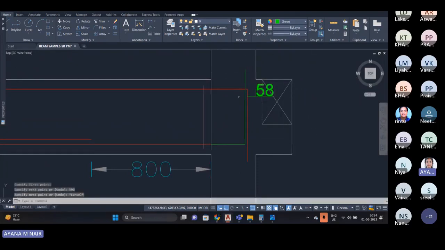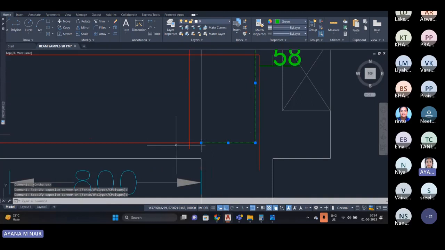Also, you have to note that while drafting a line, this should always be in ortho mode. Otherwise, this will not connect properly. Now join all these lines together.